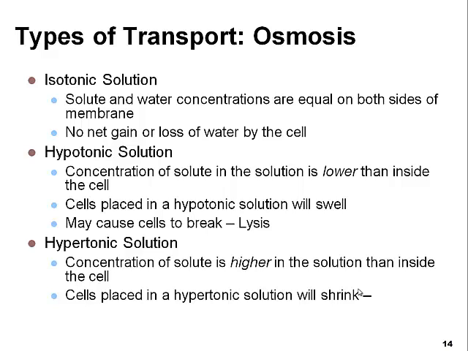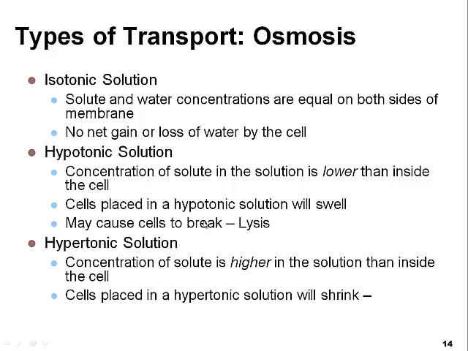And so interestingly, if we place a cell into a hypotonic solution, that means that there's more solute inside the cell and less solute outside the cell. Remember, listen to my wording. We placed a cell in a hypotonic solution. And so you can ask yourself, where is water more crowded? Well, water's more crowded in the hypotonic solution, outside the cell, so water moves in.